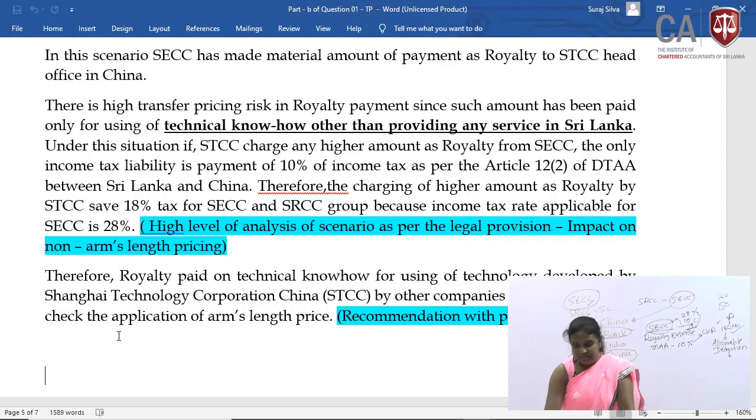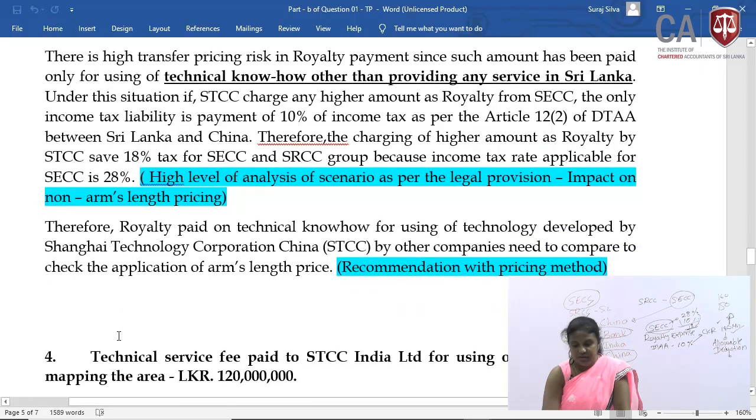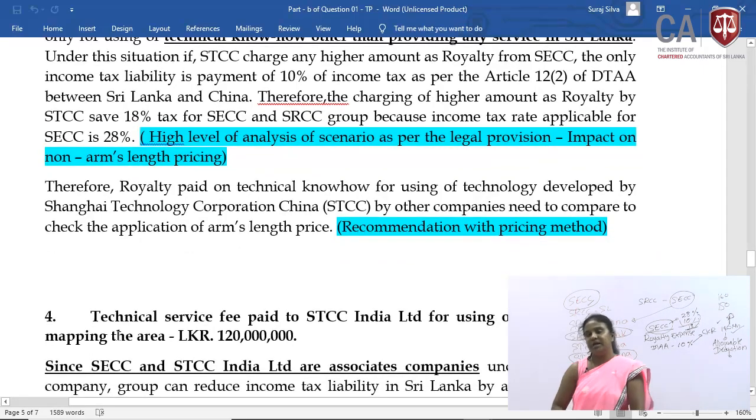Okay. Therefore, royalty paid on technical know-how for using of technology developed by Shanghai Technology Corporation, China, by other companies need to be compared to check the application of arm's length price. I think it's clear.